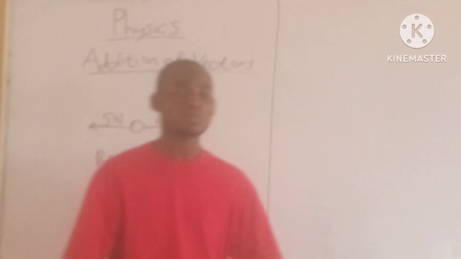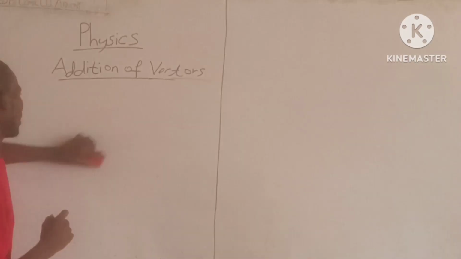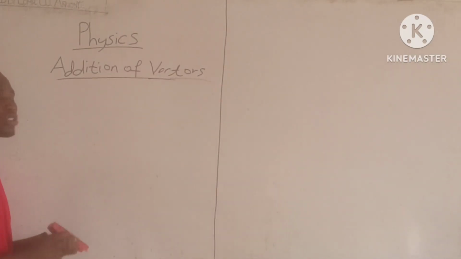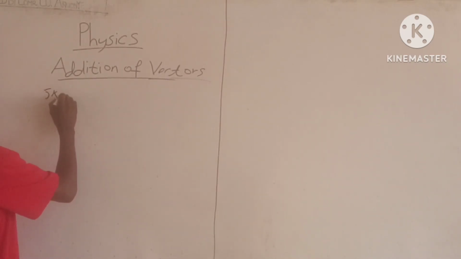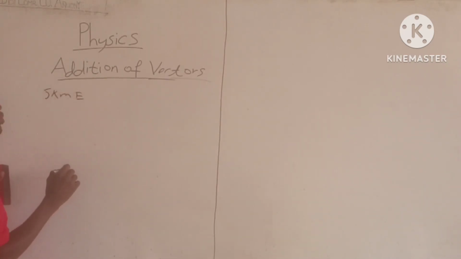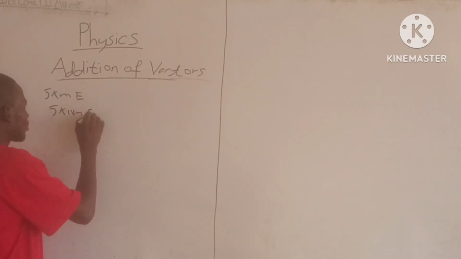Now let me illustrate this. Remember I'm talking about vectors. Suppose a man moved 5 kilometers east, and also moved 5 kilometers south.